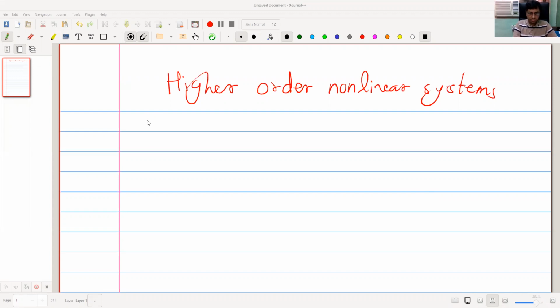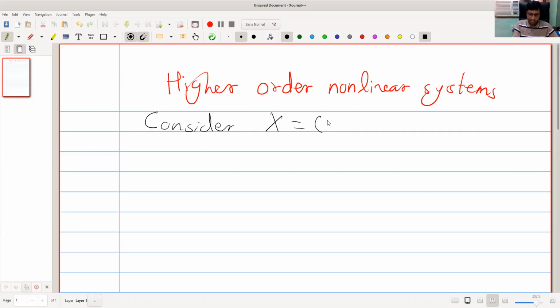We consider capital X to be a column vector in Rn, which is given by x1, x2, and so on xn.